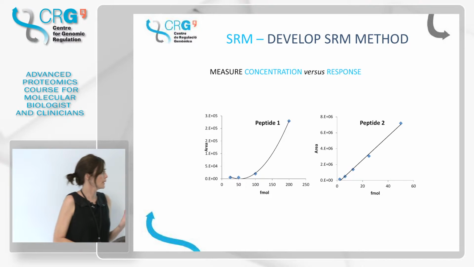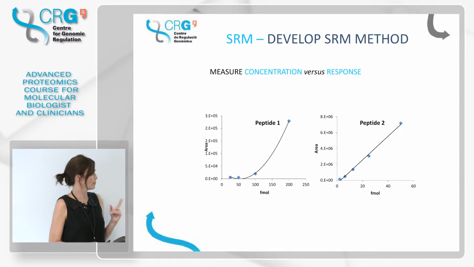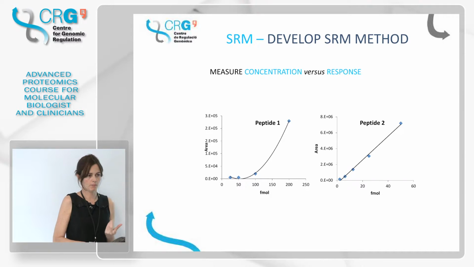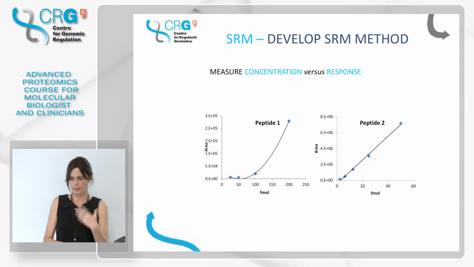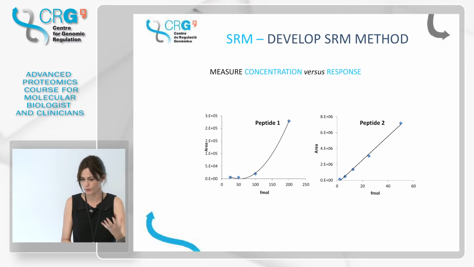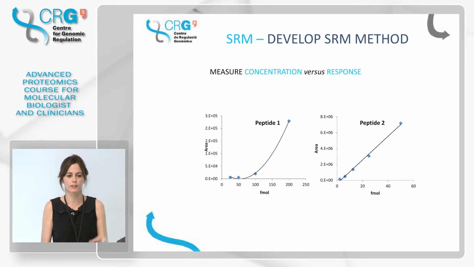One thing we need to measure is the response of our peptide in our mass spectrometer. As you heard today and yesterday in the quantification talk, not every peptide has the same response. Every peptide, even coming from the same protein that was in the same amount in the sample, will give higher or lower intensity.